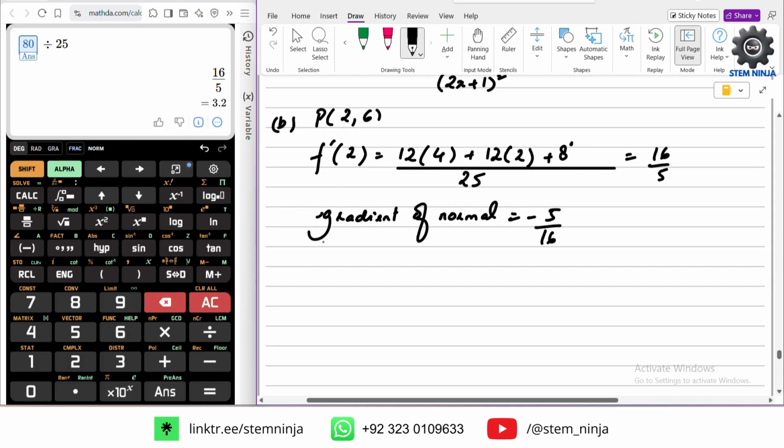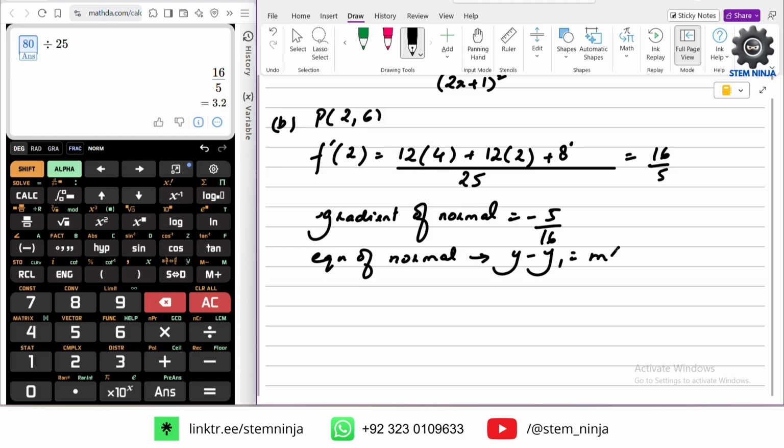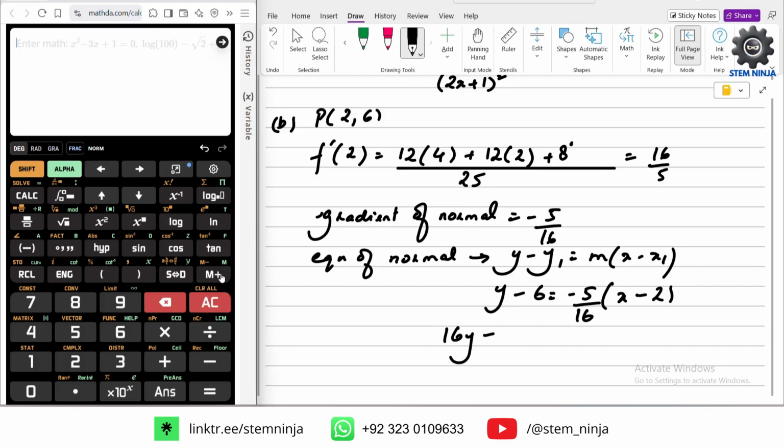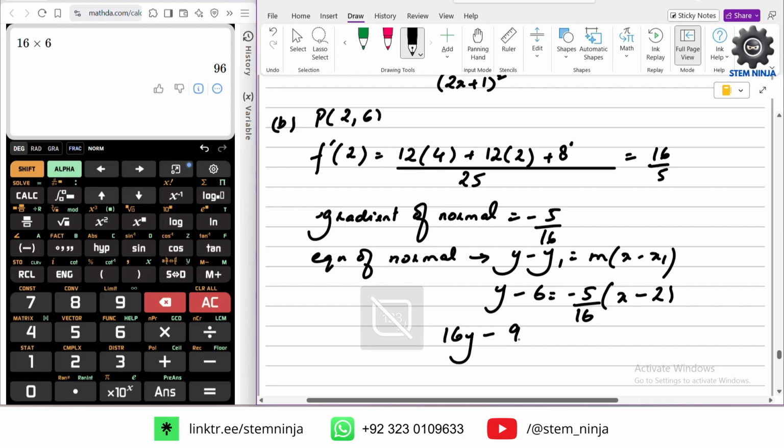So the equation of the normal would be y minus y1 equals m times x minus x1. So y minus 6 equals minus 5 over 16, x minus 2. So 16y minus 16 times 6, 96, equals minus 5x plus 10.